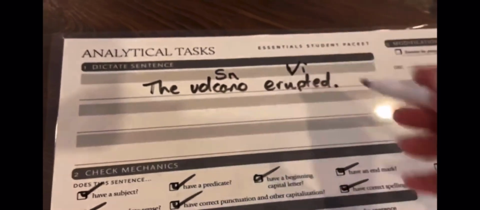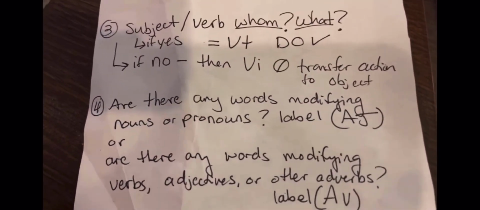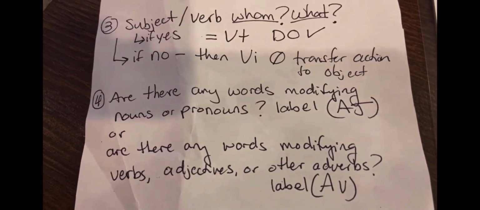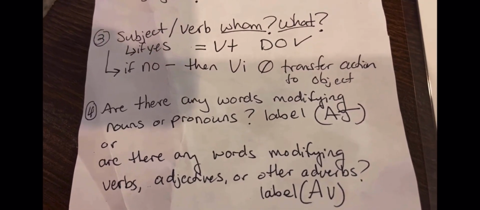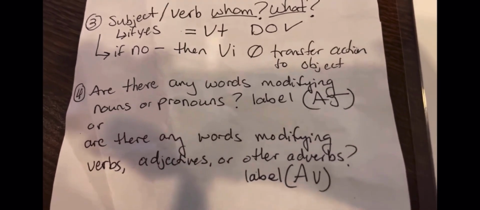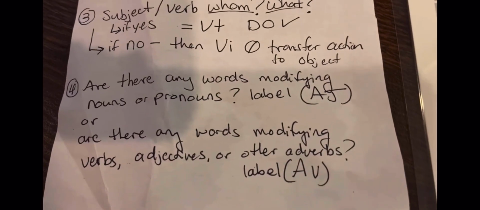Once we have everything else we know, we're going to ask this at the end. Are there any words modifying nouns or pronouns? Or are there any words modifying verbs, adjectives, or other adverbs? If we have a word modifying a noun or pronoun, it's an adjective. If we have a word that modifies verbs, adjectives, or other adverbs, it's an adverb. So let's look at our sentence.